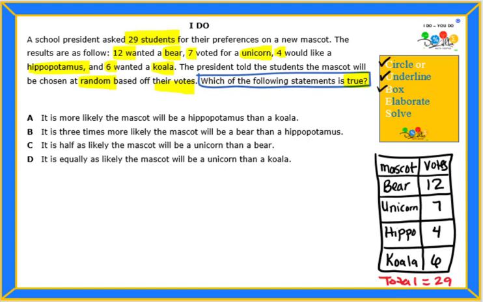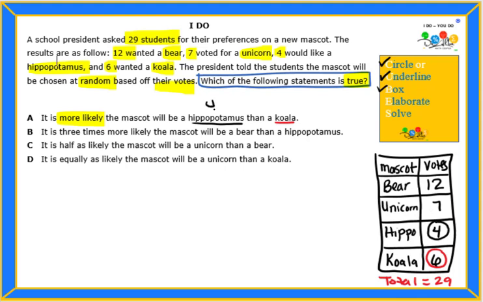Okay, now we're going to look at our statements. And I'm going to look at, it is more likely the mascot will be hippopotamus than a koala. Okay, so here's koala, and here's hippopotamus.